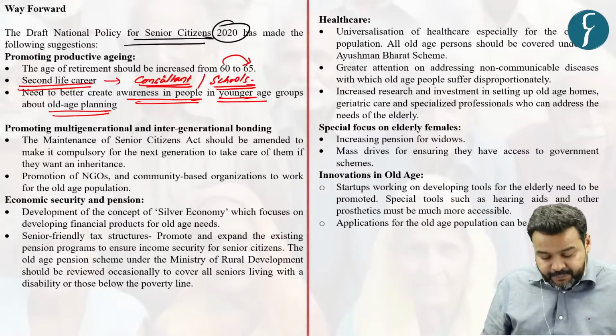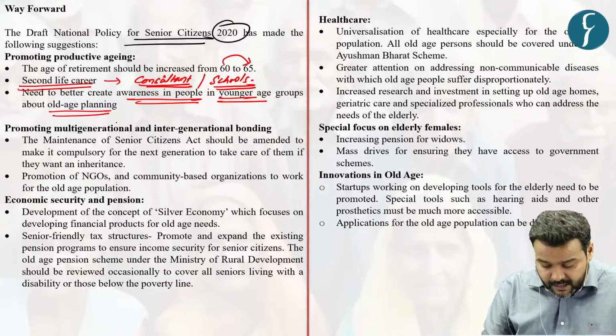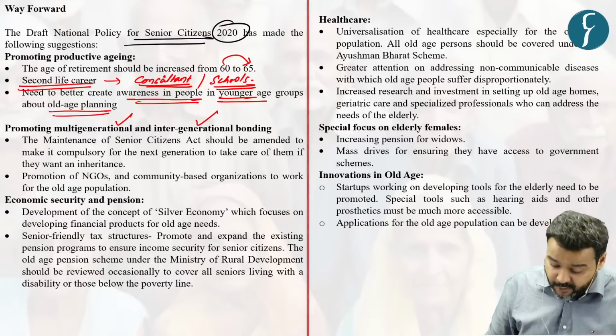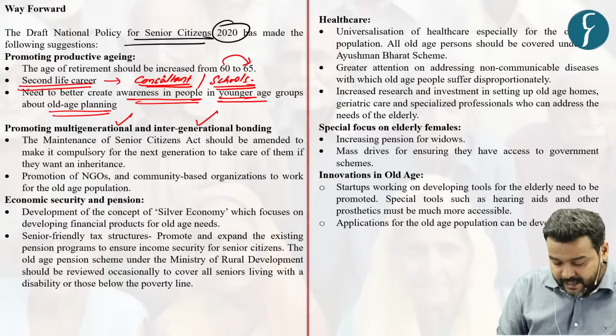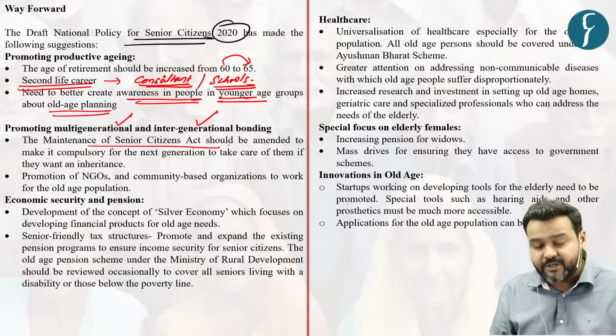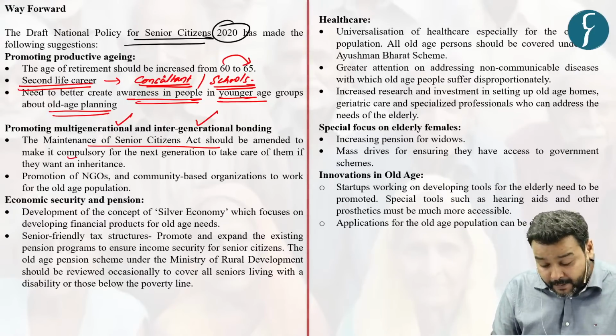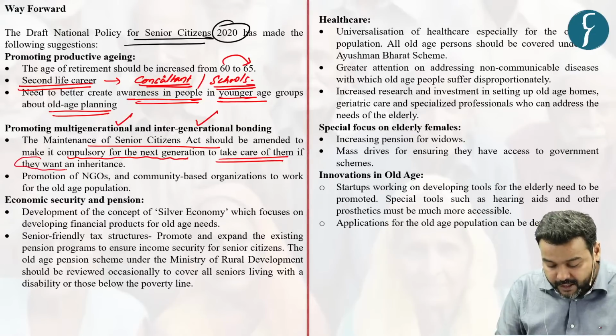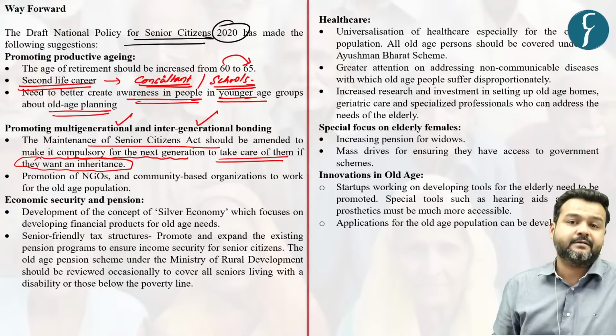Next, they say that multigenerational and intergenerational bonding should be increased, for which they have suggested that the Maintenance of Senior Citizen Act should be amended to make it compulsory for the next generation to take care of them if they want an inheritance.